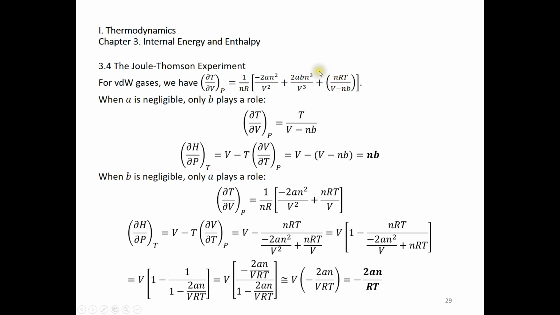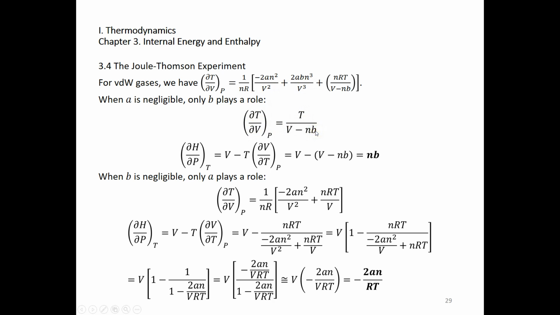Then I'm going to assume b is negligible, and we will evaluate this term. This way we can simplify the expression of delta H over delta P. Now first, let's say a is negligible. So the first term is 0, the second term is 0. Delta T over delta V is simply 1 over nR times this part. nR and nR cancel, so delta T over delta V is T over V minus mb.